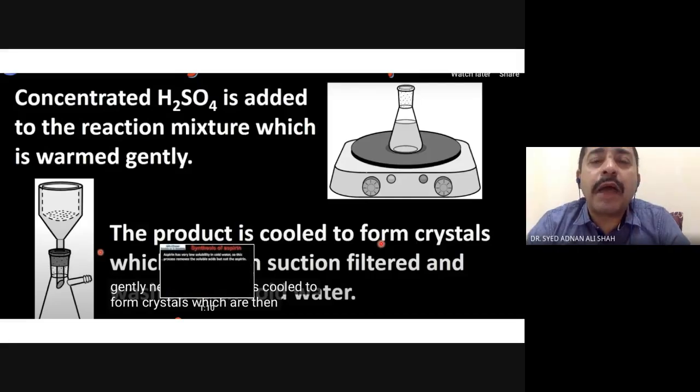As the reaction occurs, you have seen that once the reaction is done, the solution is clear, right? Once you put it into the cold environment or cold bath, the ice bath, then the acetylsalicylic acid or the aspirin will crystallize out, right?